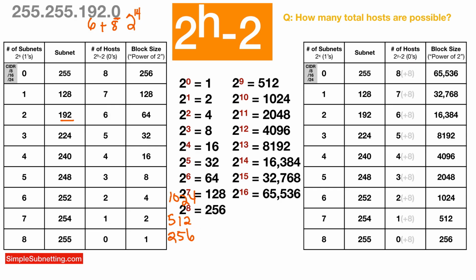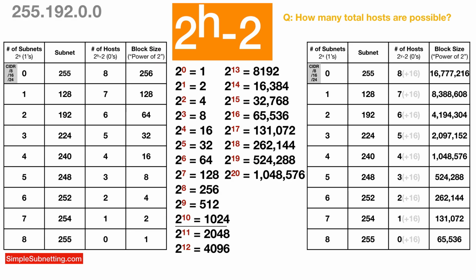But if you want to make this additional column here so that you could have it for your reference, I typically sometimes just keep it here. So 256 doubled is 512, 512 doubled is 1024. And so either way, here or up here is just whatever works best for you. Because look, there is no way they will ask you how many hosts are possible for this one.